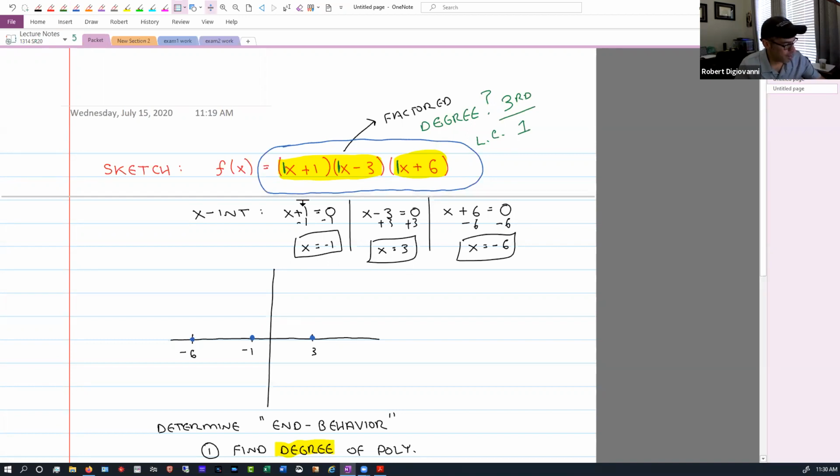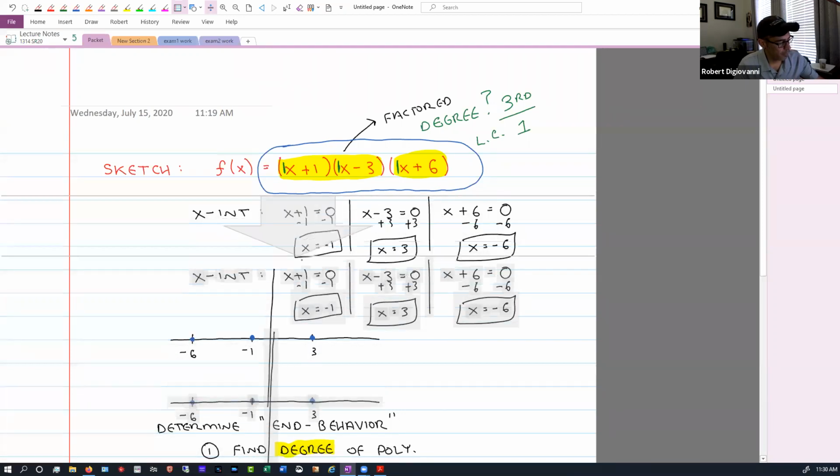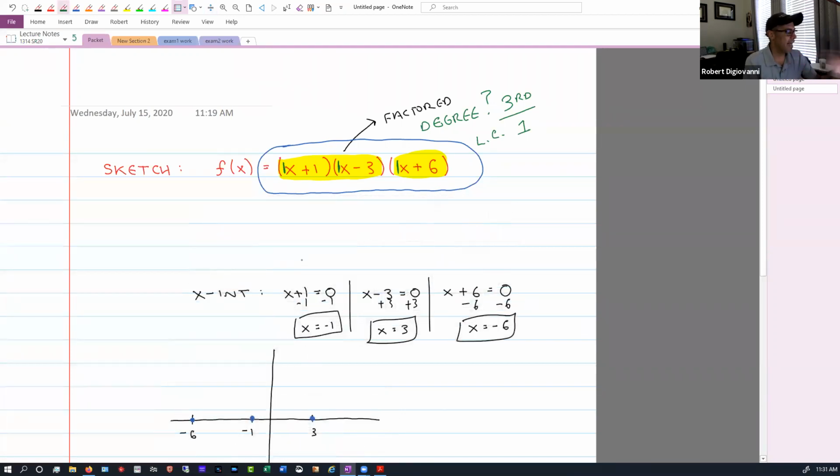So what I'm getting at is this. This first guy right here really, at the end of the day, looks like a 1x. The +1 does contribute, but if we're just looking at the x's, that looks like a 1x. This one looks like a 1x, and this one kind of looks like a 1x.